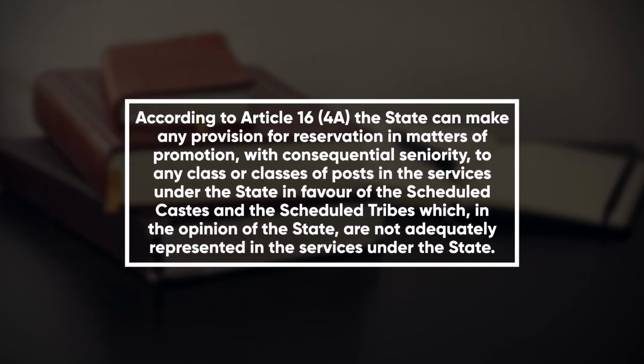According to Article 16(4A), the state can make any provision for reservation in matters of promotion with consequential seniority to any class or classes of posts in the services under the state in favor of the scheduled castes and the scheduled tribes, which in the opinion of the state are not adequately represented in the services under the state.